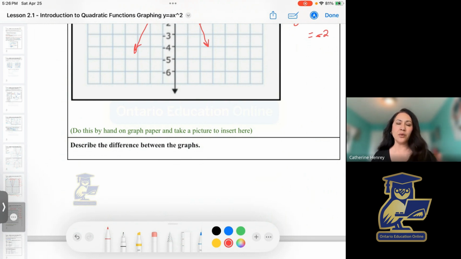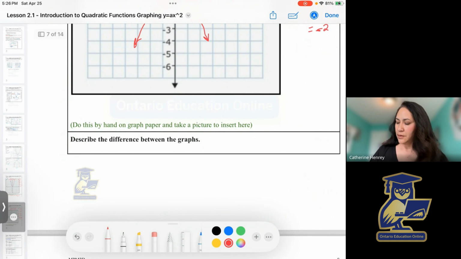So wider, we would probably describe it as a vertical compression. So y equals -1/2 x squared is vertically compressed, but also flipped upside down.